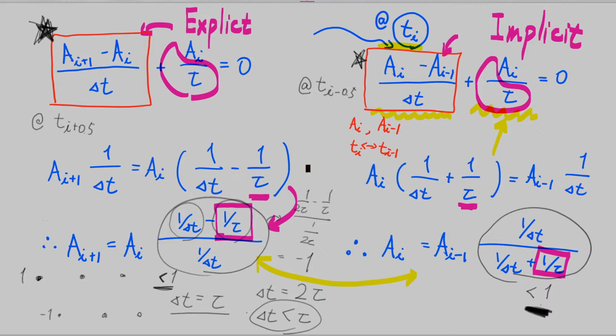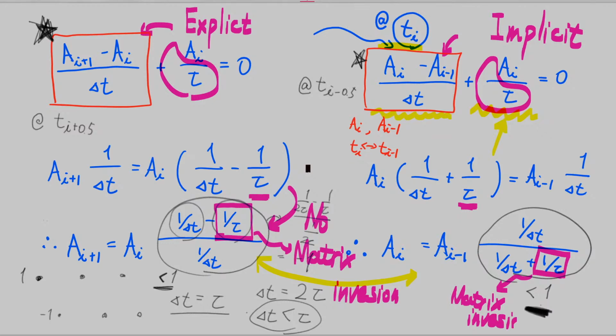If we consider a matrix system, then in this part there is no matrix inversion. No matrix inversion. But in this case, since 1 over tau is located in the denominator term, we need matrix inversion.